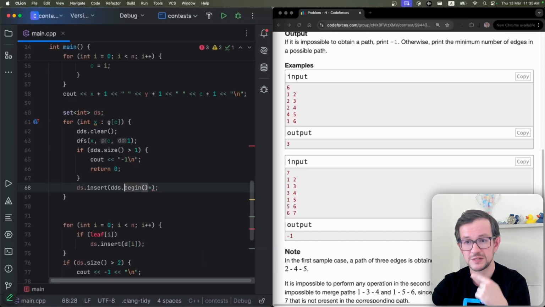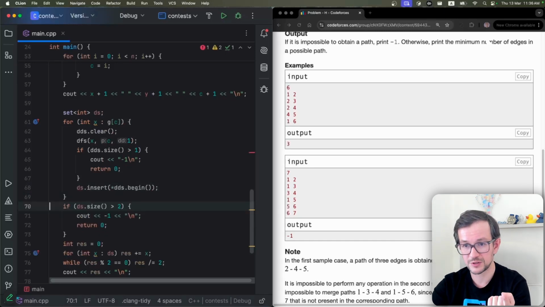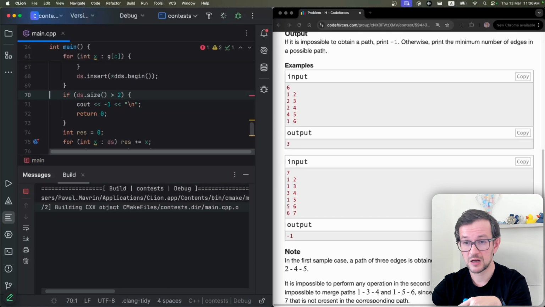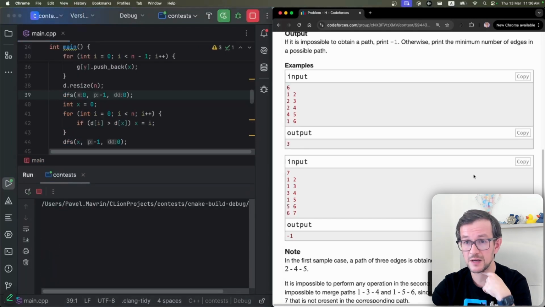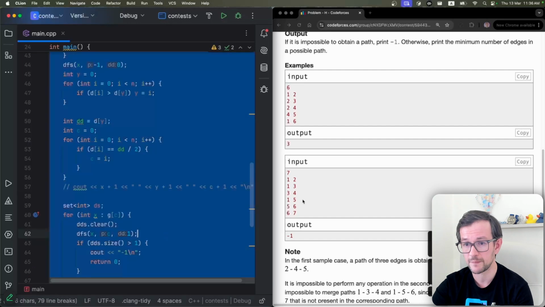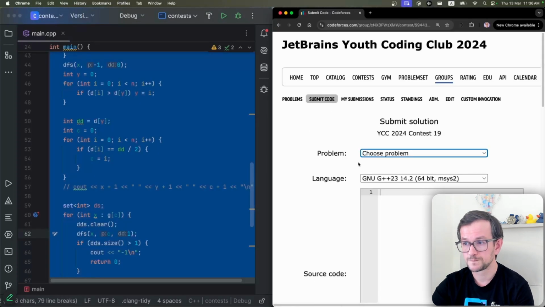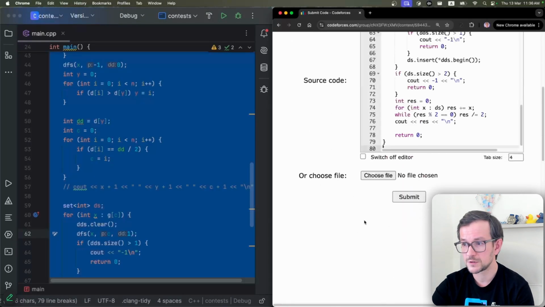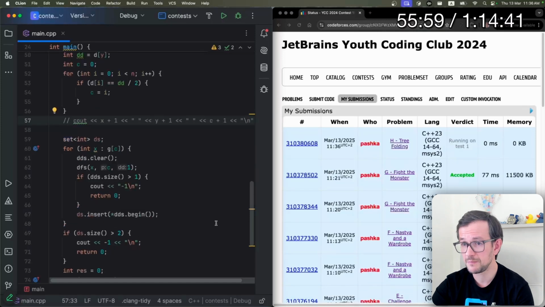If I have only single distance, I put it to array DS. So now in the end I will check if the final part is the same. No, that's it. So now I will submit it, and I get a wrong answer, test 10.